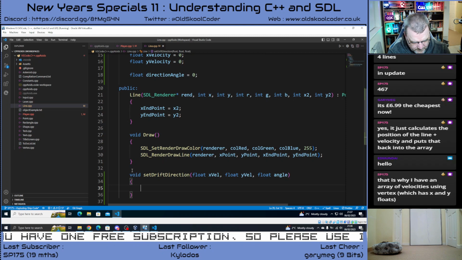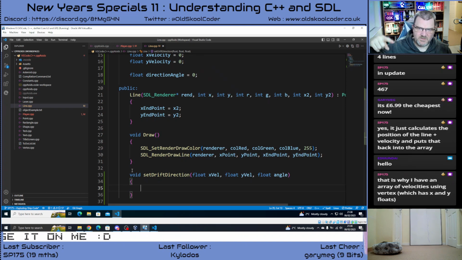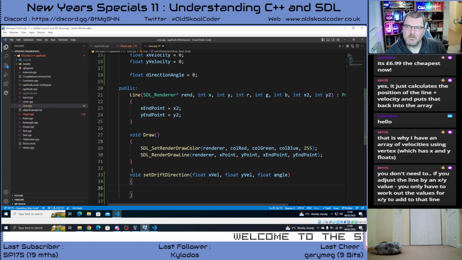We're going to work out the x and y velocity of the drift outside and the angle, and then in here we'll work out each iteration of that drift. Yes, I think that's what we're going to do.